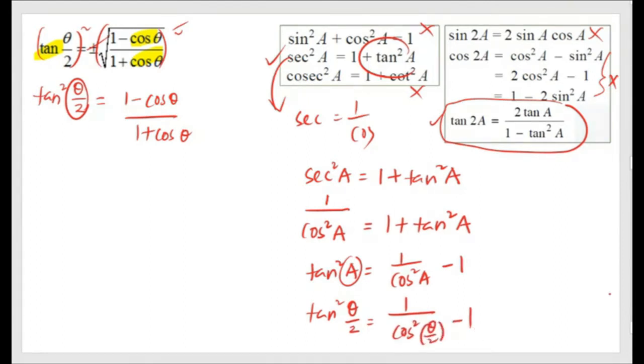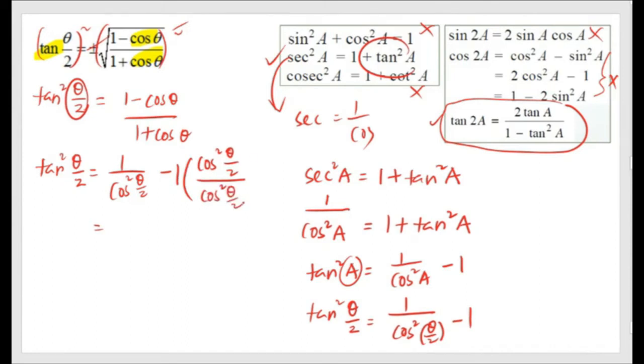We do it first. Then we have to do something: on this one, multiply and divide both sides by cos square theta over 2 so that we can get the terms in one term only. 1 minus cos square theta over 2, then the bottom is cos square theta over 2.